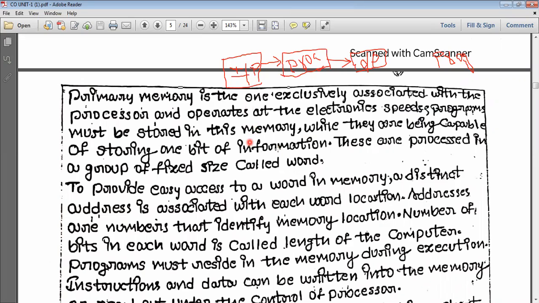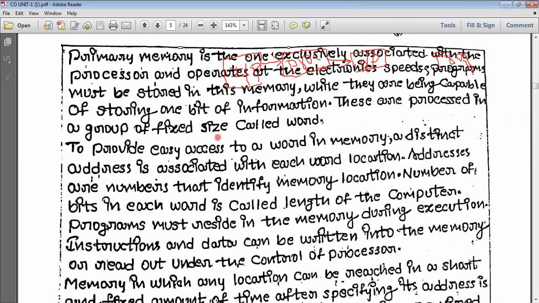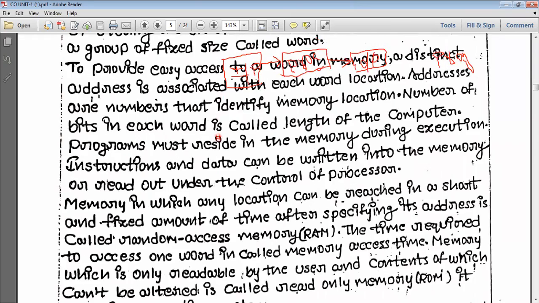These are processed in groups of fixed size, that is called a word. Whatever instructions we write to execute some operation, all the instructions are stored in the memory unit, and the data which is used to execute those instructions is also stored in the memory.